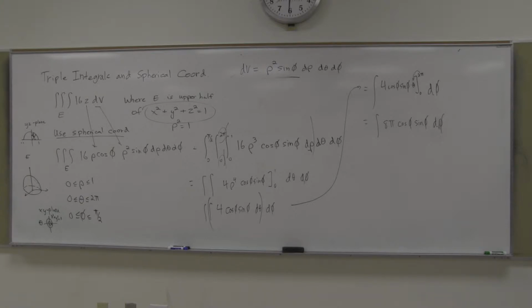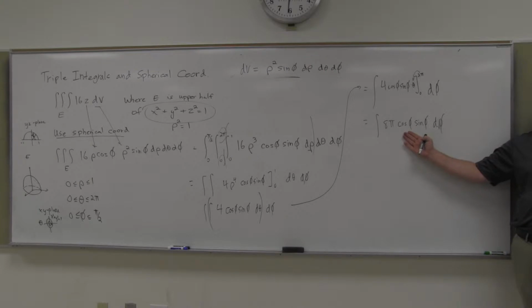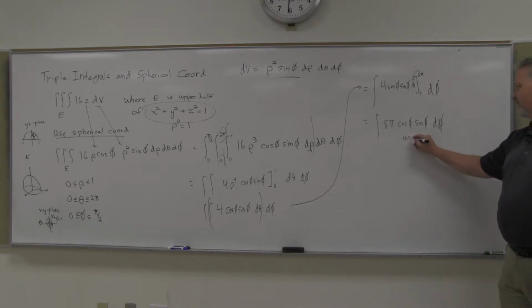So far, so good. And so the first two integrals have been very easy. We saved the best for last here. And we talked about one way. The book likes to do this one way, but really this can be done with U substitution. U equals sine phi.